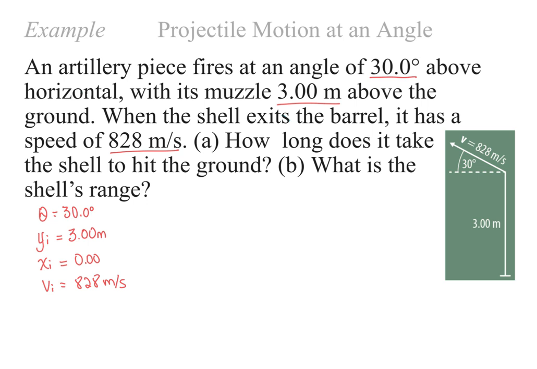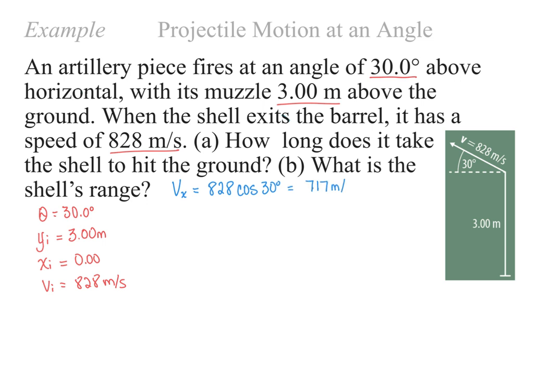So we have to calculate a few things here. We have to calculate my initial vertical and my initial horizontal velocity. So I'm going to take those same rules that I applied before, those same formulas, and I'm going to calculate those. So I'm going to say for initial velocity of X, I'm going to take that 828 meters per second, and I'm going to multiply it by the cosine of my angle.